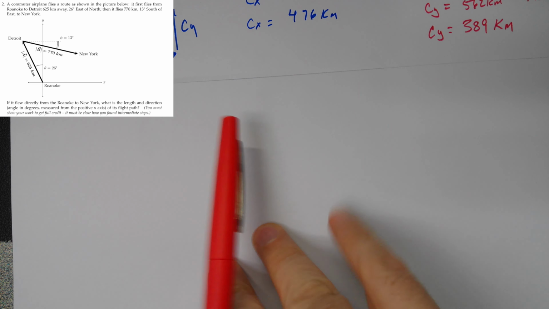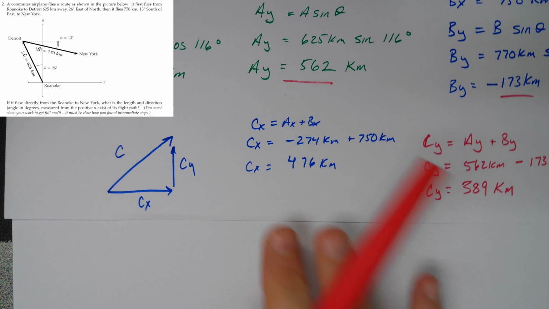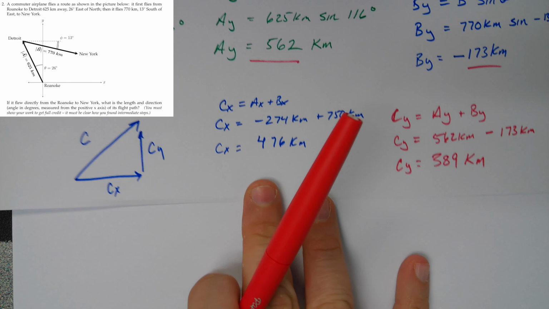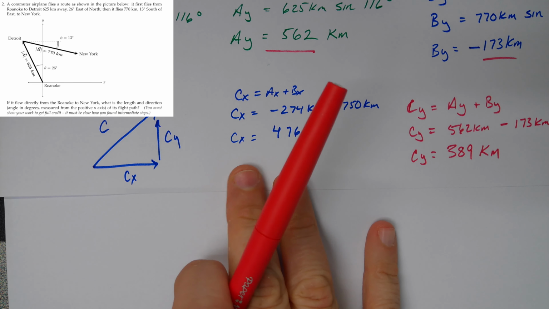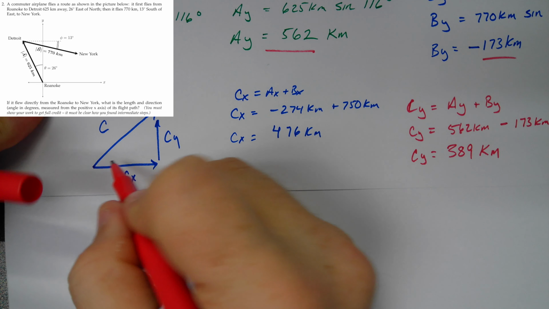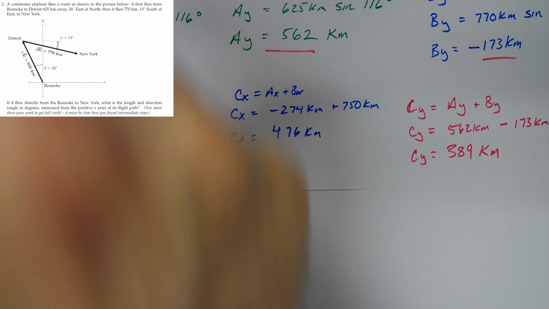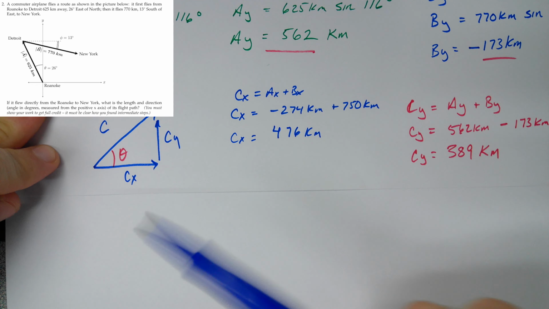So let me move this up, move another sheet downwards a bit. Now, with these numbers, we want to find this angle theta that's in here, and we want to find the length of this vector.